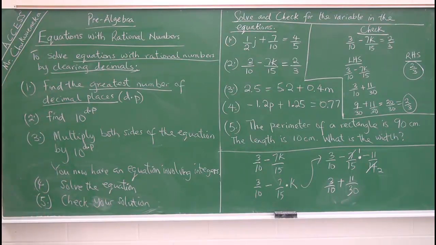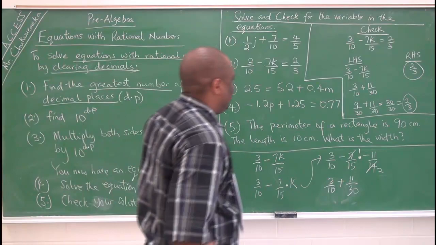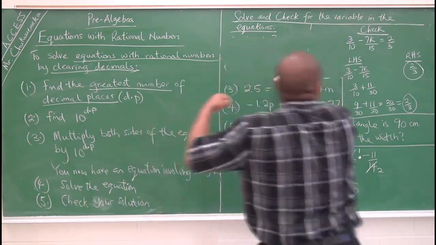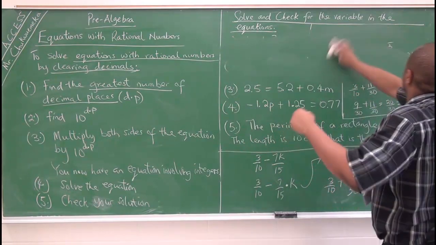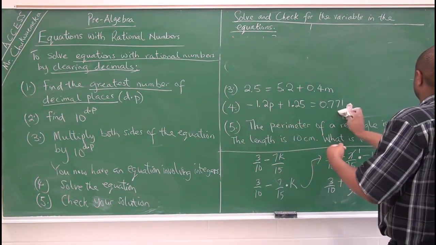We want to solve equations with rational numbers by clearing decimals. This is what we do. Okay, can we go ahead now and erase the fractions so we have more space here?